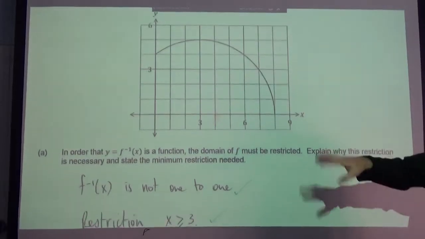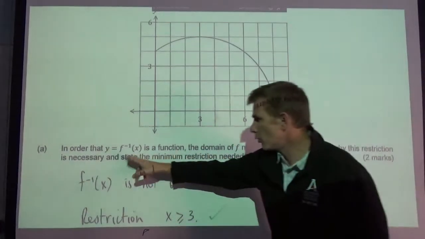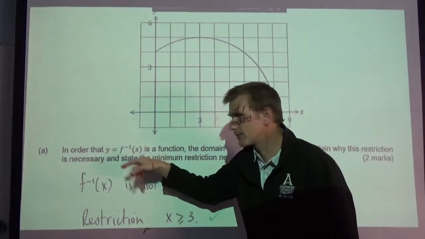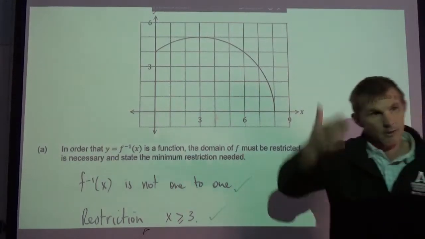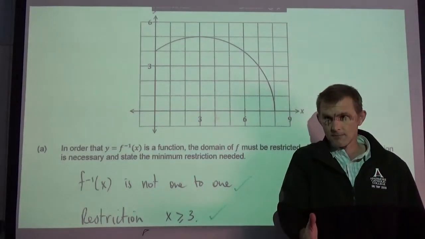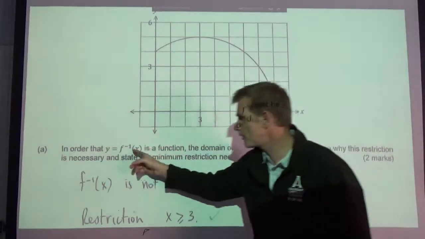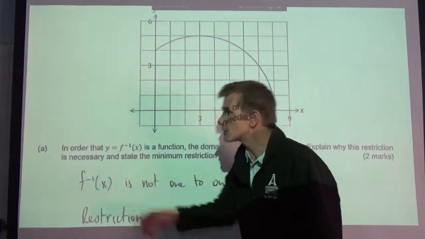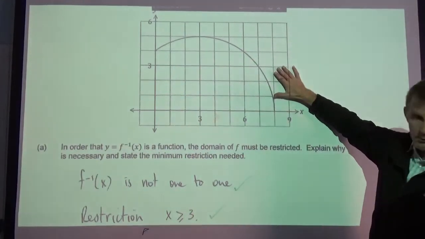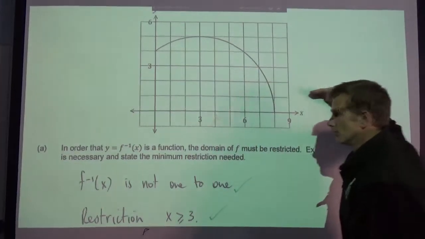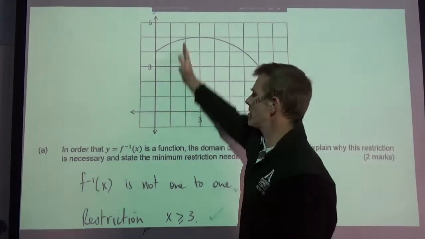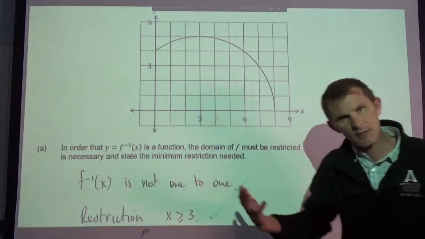Right, what are we doing? Leave that right there, that's perfect. In order for the inverse to exist or to be a function, right? Function meaning vertical line test. It's got to pass the vertical line test on the inverse. So that would mean on the original, I've got to make this pass the horizontal line test because all of these values become these values when I do the inverse.